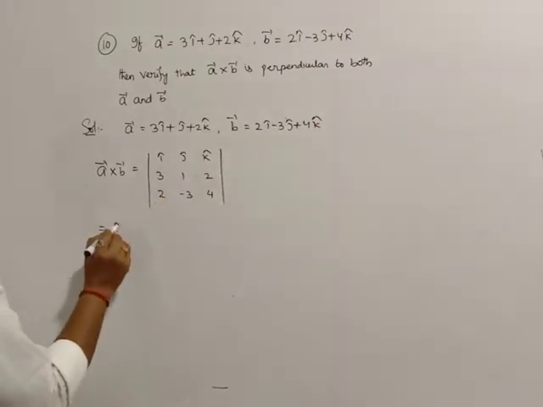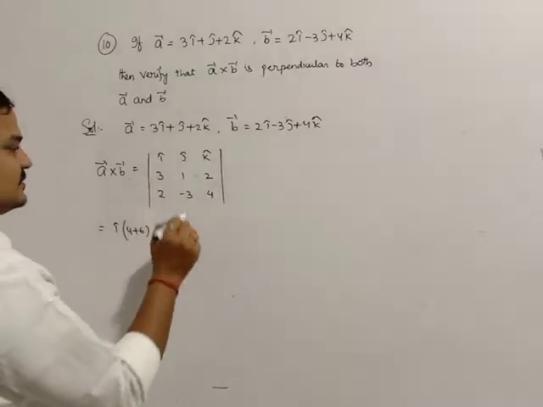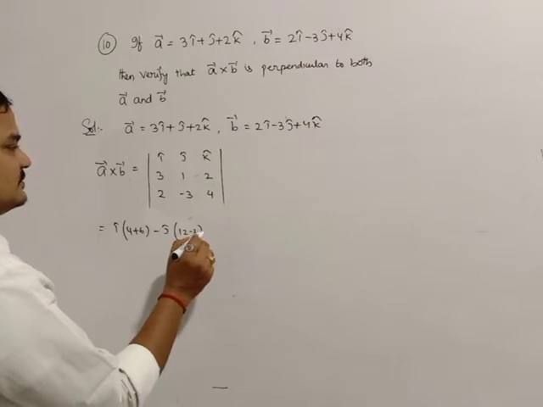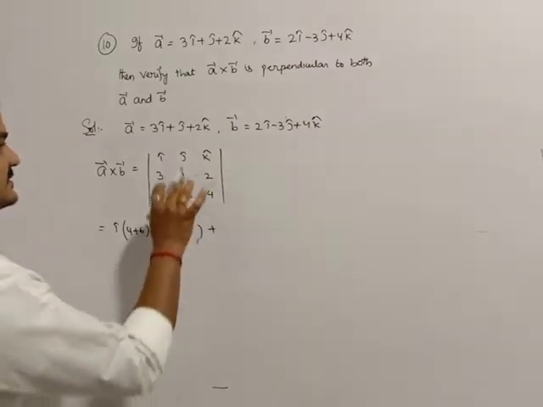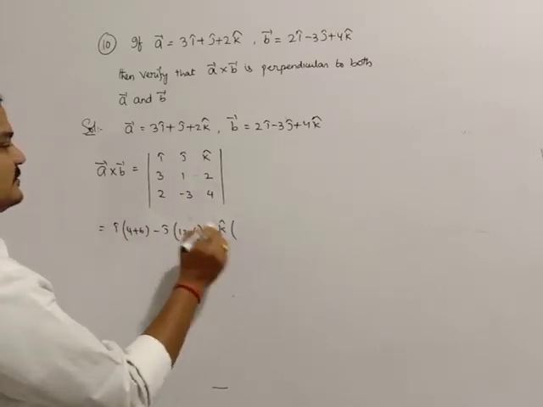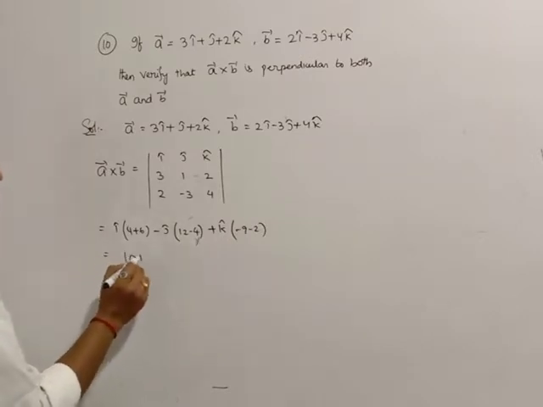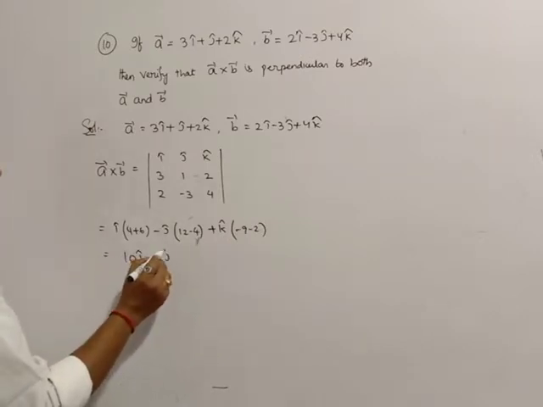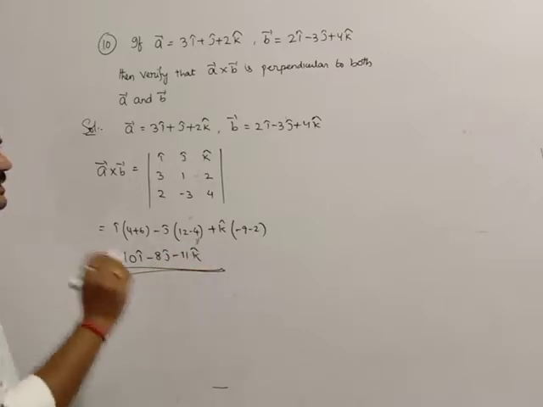That is equal to i into 4 plus 6, minus j into 12 minus 4, plus k into minus 9 minus 2. That is 10i minus 8j minus 11k. This is a bar cross b bar.